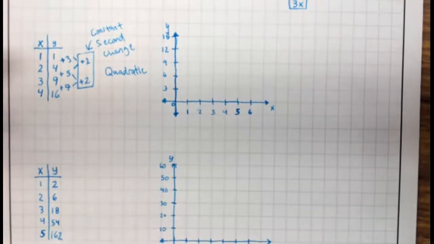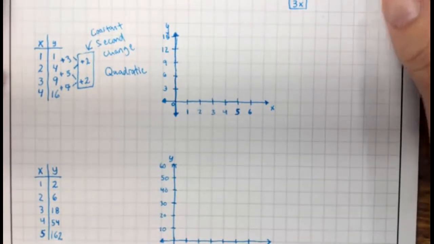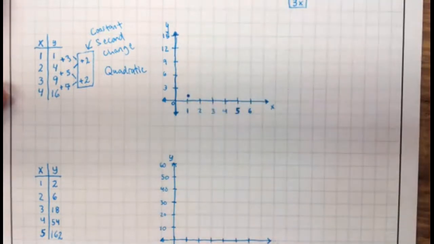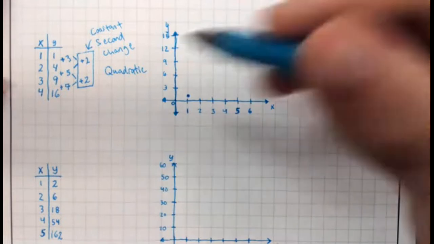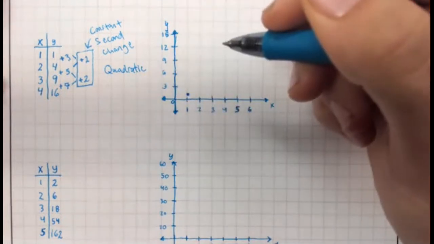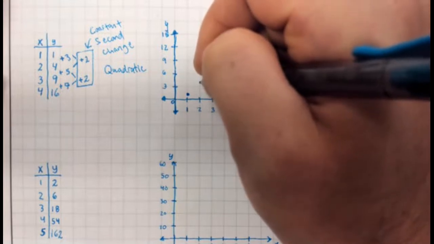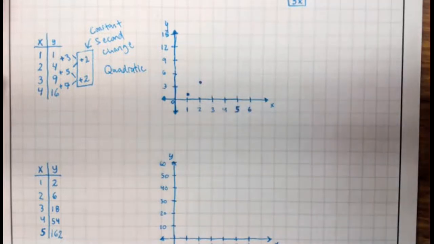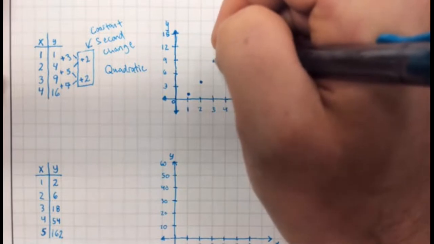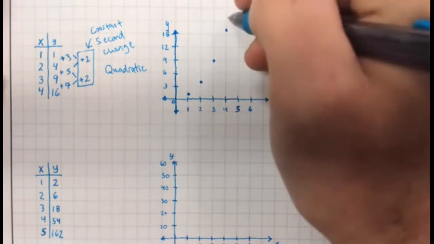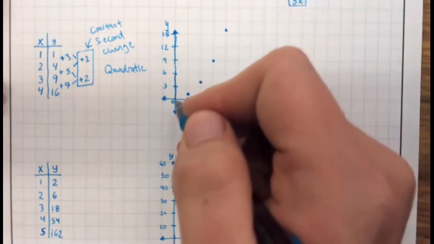We can plot these points too, just so you know what this graph is going to look like. So I go over 1, up 1. Just be careful with the scale that I use. I went up by 3s this time instead of just going up by 2s. So anyhow, I went over 1, up 1, over 2, up 4, over 3, up 9, over 4, up 16. So it starts to increase pretty quickly. And then I'll just try to connect these dots.